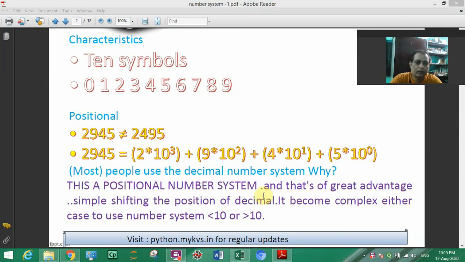Now how do we get this 2945 here? If we start writing the index of this number, this one will have 0 index, this one will have 1 index, this one will have 2 index, this one will have 3 index.